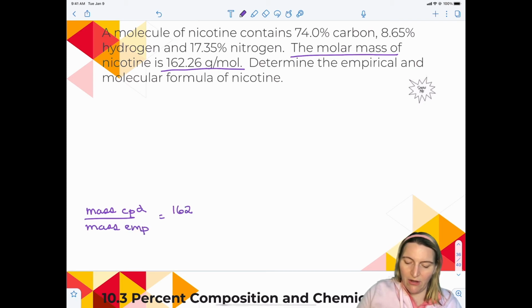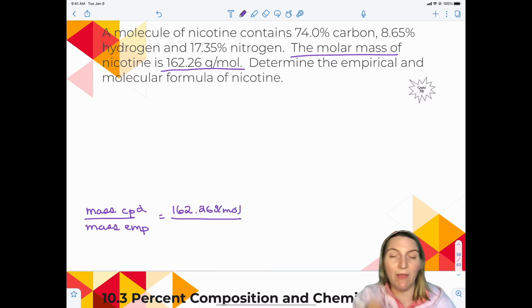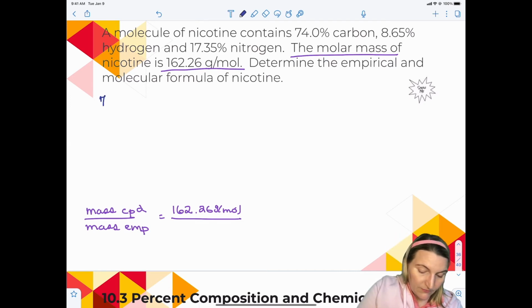So I'm going to take 162.26 and I'm going to divide it by the mass of the empirical formula. Problem is, right now I don't have the empirical formula. So I'm going to do the exact same 3 steps that we did before. Assume a 100-gram sample, convert to moles, divide by the lowest number of moles in order to get the empirical formula.